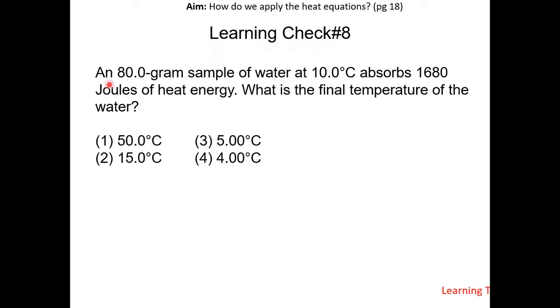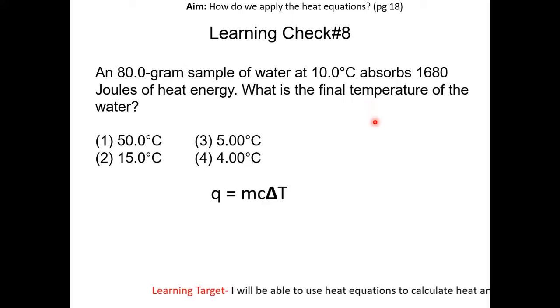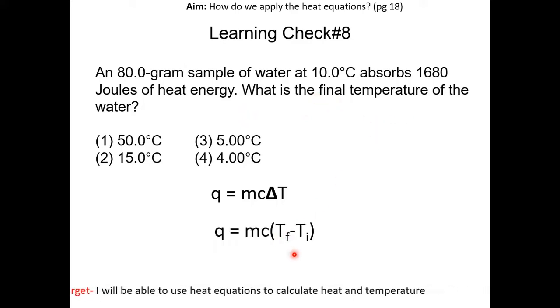Learning check number 8. An 80-gram sample of water at 10 degrees Celsius absorbs 1,680 joules of heat energy. What is the final temperature of the water? Pause the video and resume once completed. Since the question is asking for temperature, we have to use the heat equation that has temperature in it, which is Q equals mc delta T. In this question, it's asking for final temperature, so we're solving for TF.